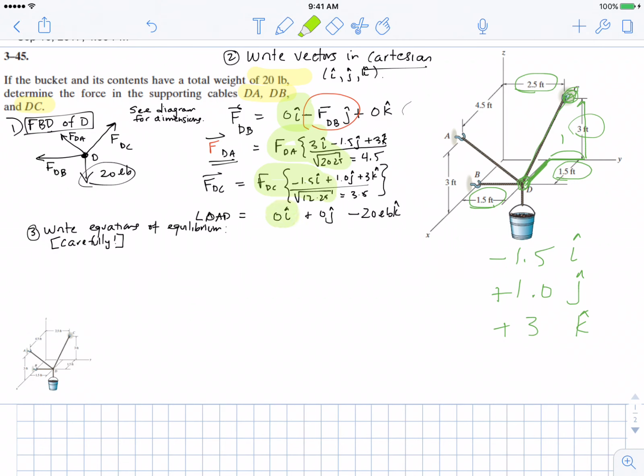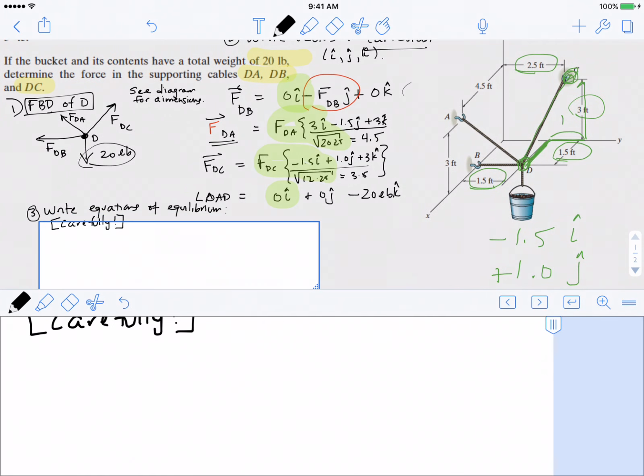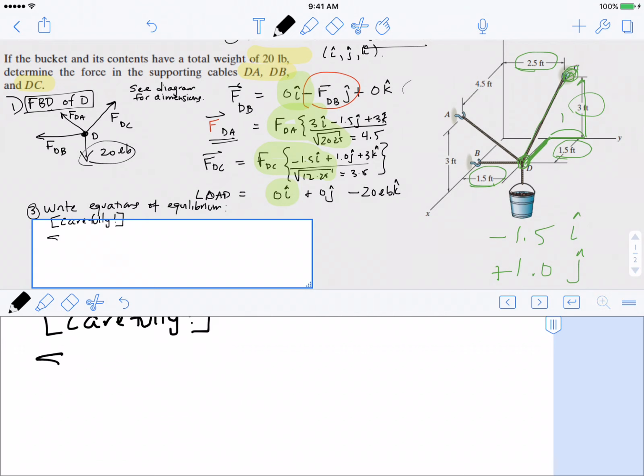That's useful because we're going to wind up with an expression of FDA as a function of a number times FDC. And so it's very worth our while to go ahead and write that equation. So I'm thinking about equilibrium in the X direction. So F equals ma. There is no acceleration. So therefore, we are in static equilibrium.